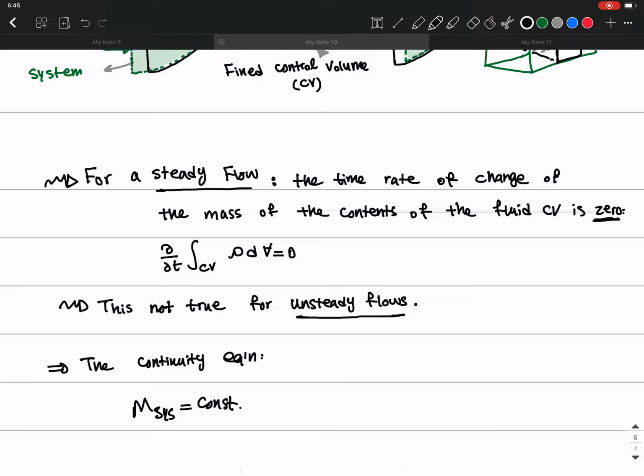It's conserved. The mass of the system of fluid that you are considering is not going to increase suddenly or decrease suddenly. So the total mass of the system is constant, and because of that, the time rate of the total mass of the system should be 0, right? The derivative of a constant is always 0.